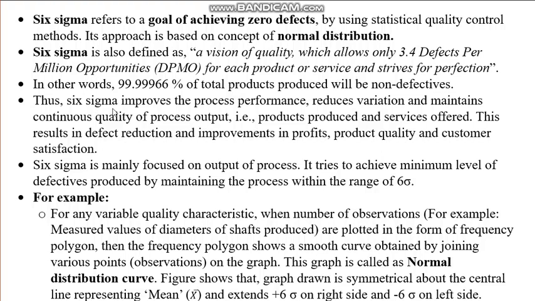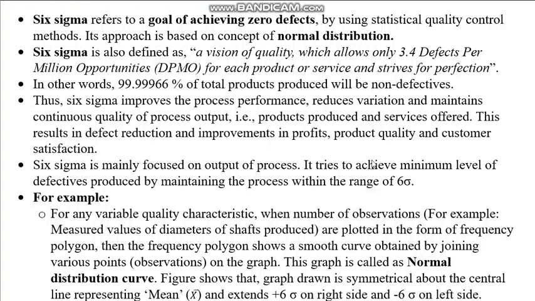Thus, Six Sigma improves the process performance, reduces the variations and maintains continuous quality of the process output. This results in defect reduction and improvement in profits, product quality, and customer satisfaction. Now customer satisfaction is the goal for all the quality methodologies.